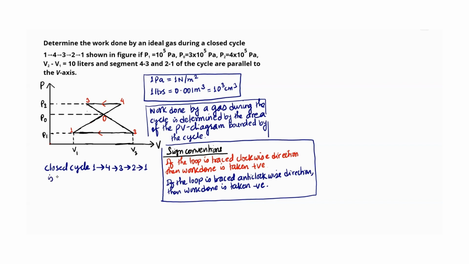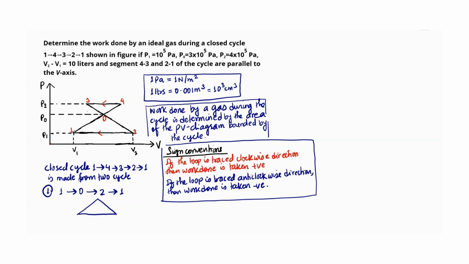So we have this cycle, 1 to 0, and from 0 we have 2, and from 2 we have 1. Now we can see this cycle, so I'm drawing it over here.